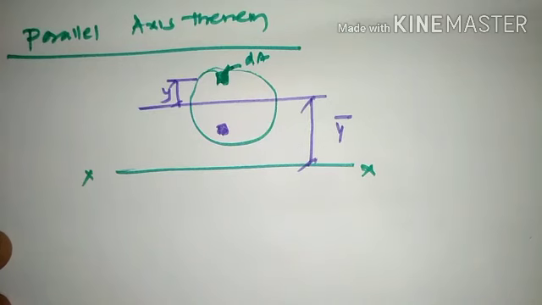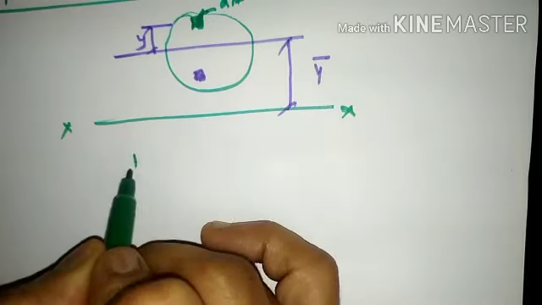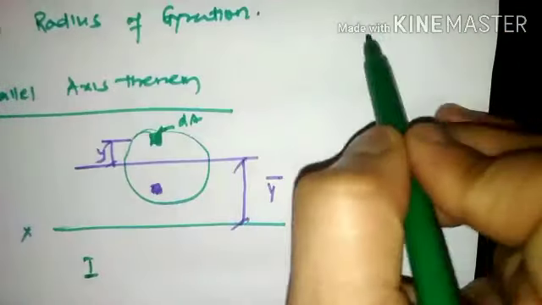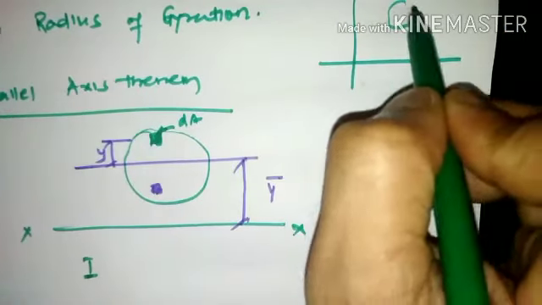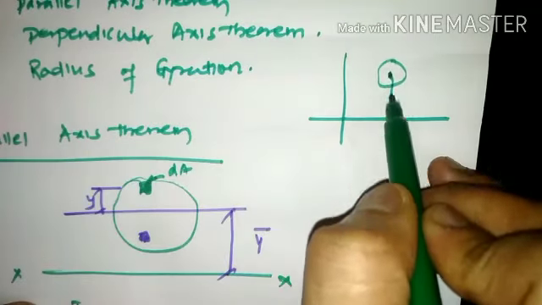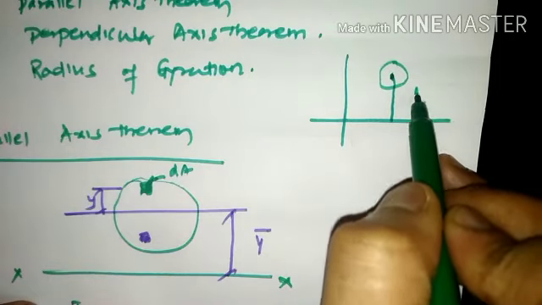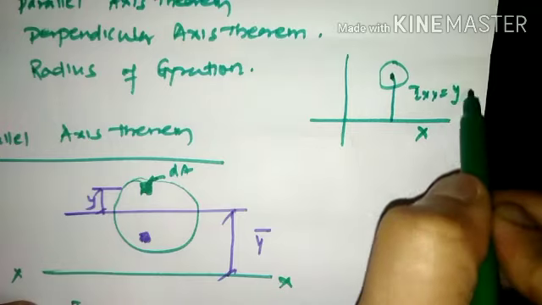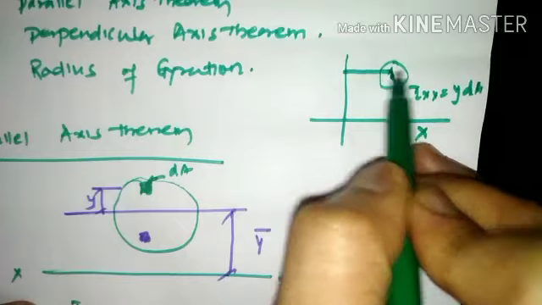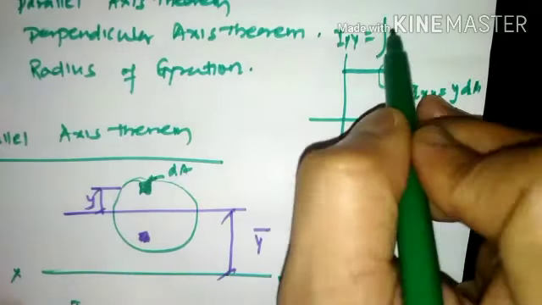Now to begin with, the moment of inertia. The moment of inertia parameter is generally represented as I, and if I have an element placed in the x and y plane, then the first moment with respect to the x-axis would be integration y dA, and with respect to the y-axis, integration x dA.